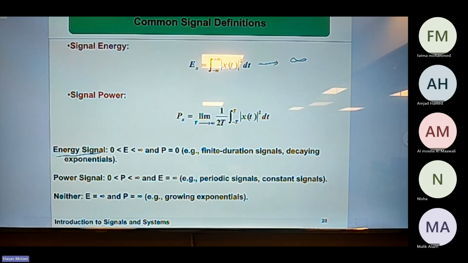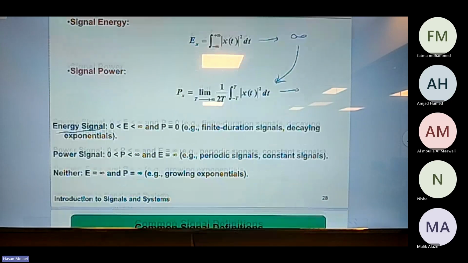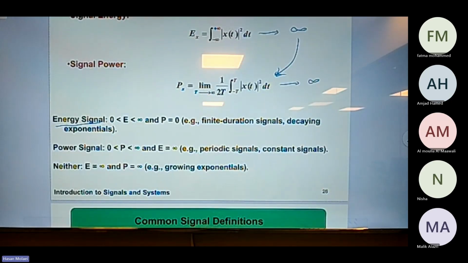If it goes to infinity, we should find this one, the power. If that's a real, limited value, not going to infinity, we call it a power signal. If it again goes to infinity, it's neither an energy nor a power signal.